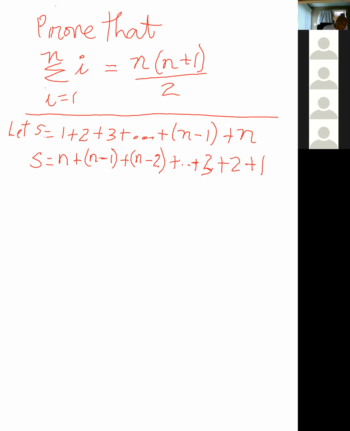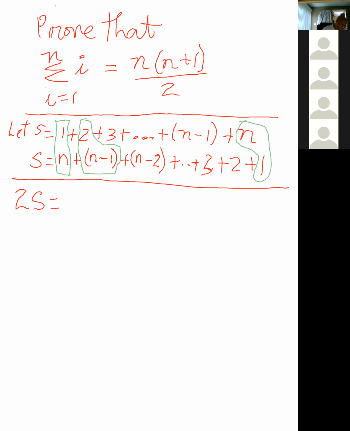So if I add the two series, S plus S would be what? 2S. And these two terms, when added, and this one here, when added, and this when added, what will it be? This is going to be n plus 1.